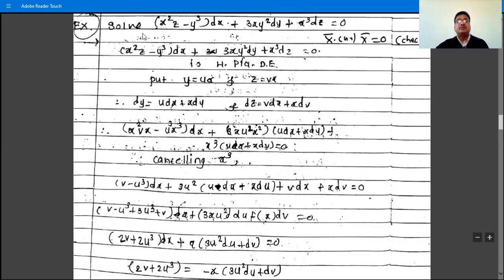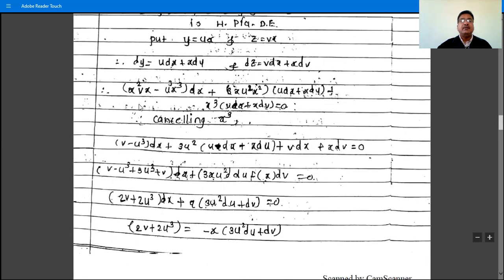The transformed form is: x square times vx, the value of z as vx, minus y cube, which means u cube x cube, dx, plus 3x times y square, and y square is u square x square, times the value of dy as u dx plus x du, plus x cube, and the value of dz is v dx plus x dv, is equal to 0. So if we cancel x cube, then what do we have?